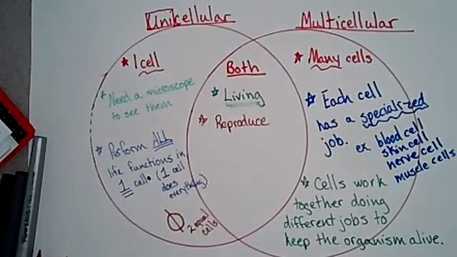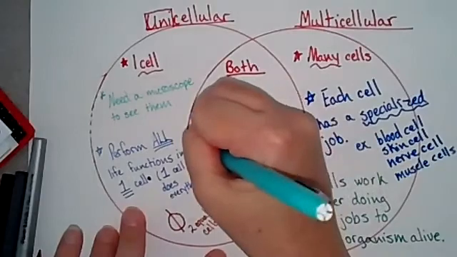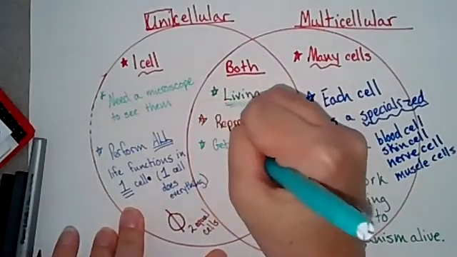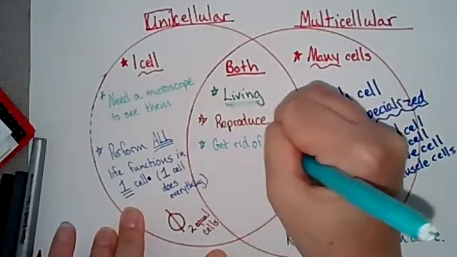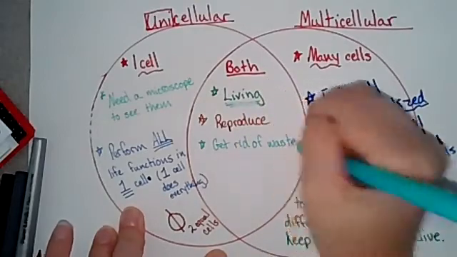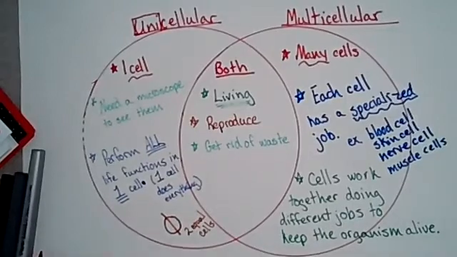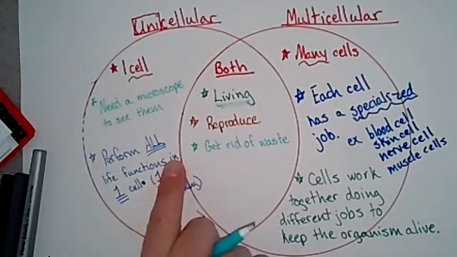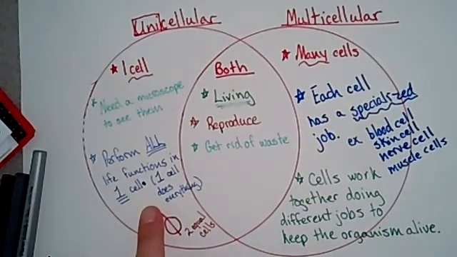Okay, another thing that both of them do is they both get rid of waste. All right, so yesterday you watched a video. If you looked at the Prezi slideshow, you looked at a video of the single-celled organism pushing waste out of the cell membrane.